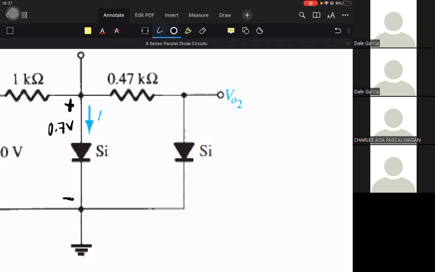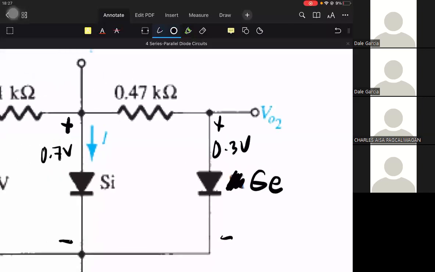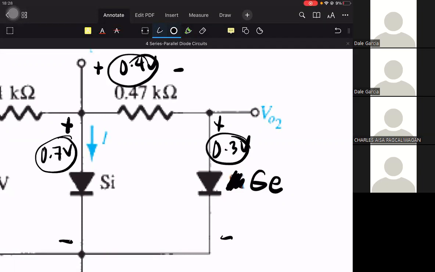If diode 2 were germanium, both of them would turn on because it only needs 0.3 volts, and there's enough for the 0.47K resistor: 0.4 plus 0.3 is equal to 0.7.